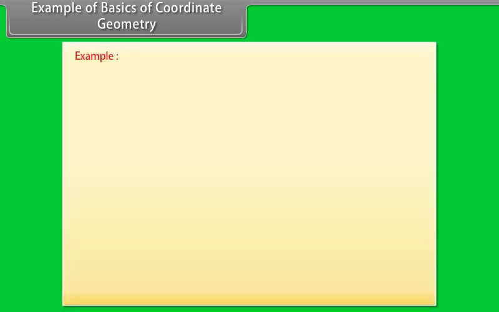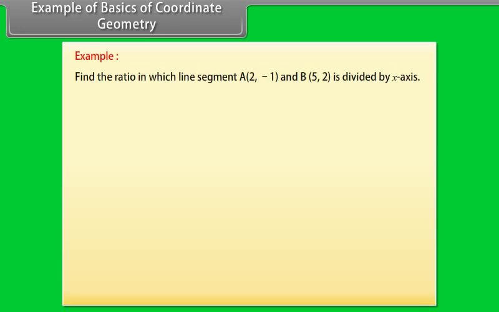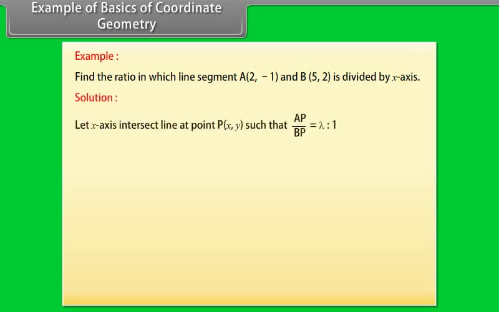Example. Find the ratio in which line segment A(2, -1) and B(5, 2) is divided by x-axis. Solution. Let x-axis intersect line at point P(x, y), such that AP by BP is equal to lambda is to 1. It implies y is equal to 0.